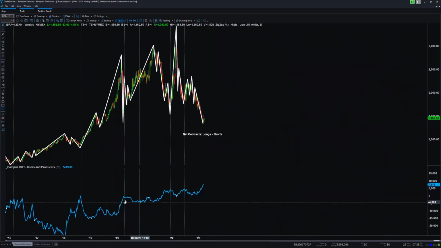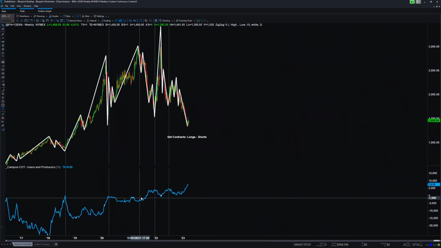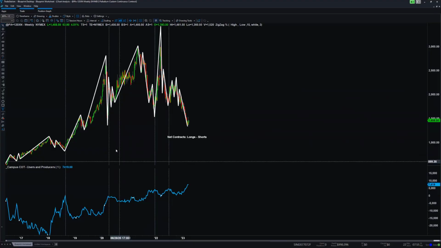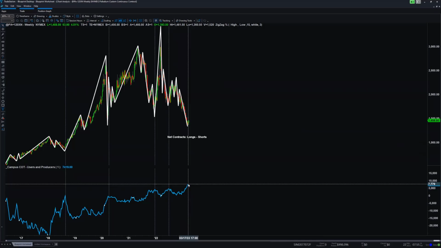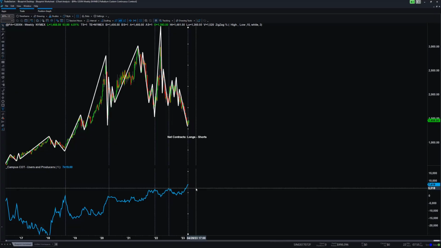And then we have to put these new readings into context of what's happening right now. This is high, it leads to a rally. This is high, it leads to a rally. And now this, without any doubt, is the most bullish that the commercials have been.